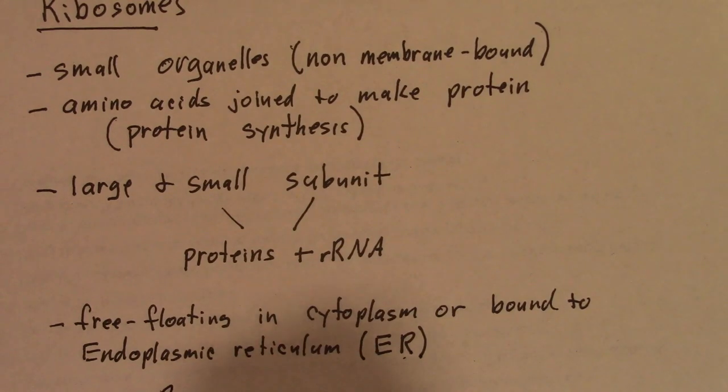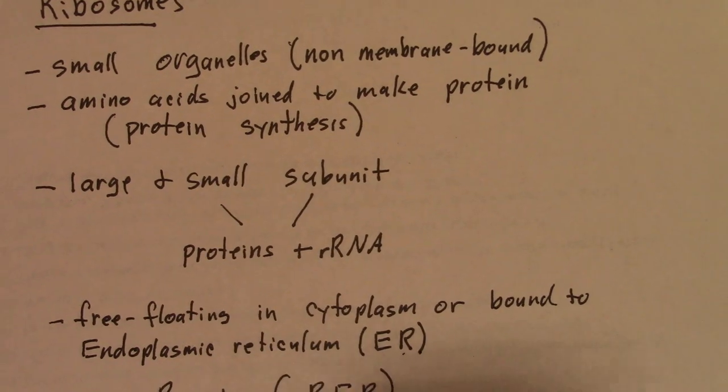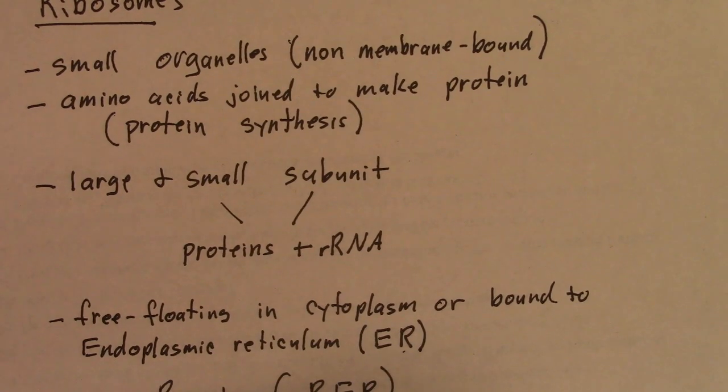And we have two types of ER. We have rough ER, or RER, or we have smooth ER, or SER. Rough endoplasmic reticulum, smooth endoplasmic reticulum, they do different things. They have different functions.